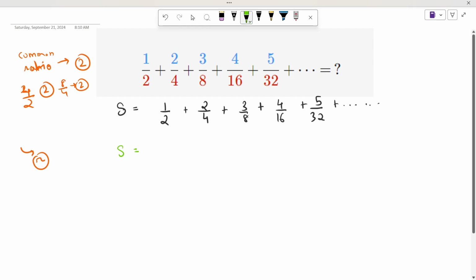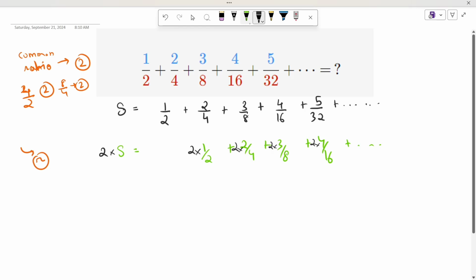S is equal to, leaving the space of the first term and writing it afterwards, 1 by 2 plus 2 by 4 plus 3 by 8 plus 4 by 16, and this series goes on. Now we'll multiply it by the common ratio, that is 2, so let's multiply each term by 2.